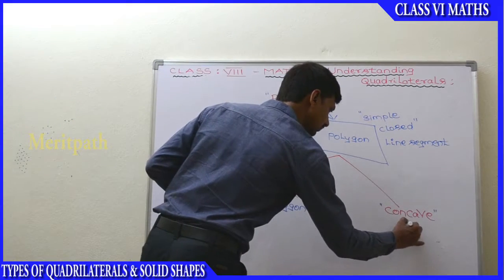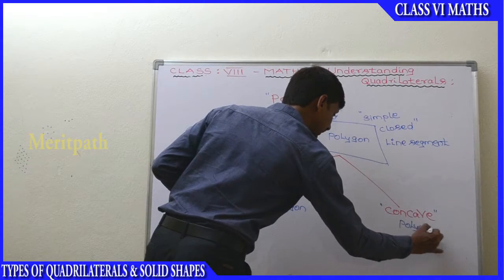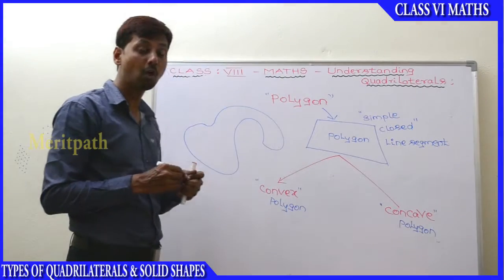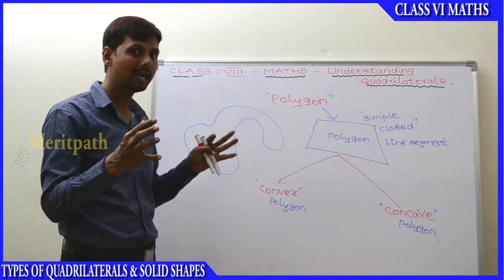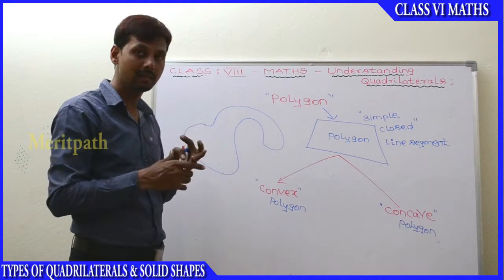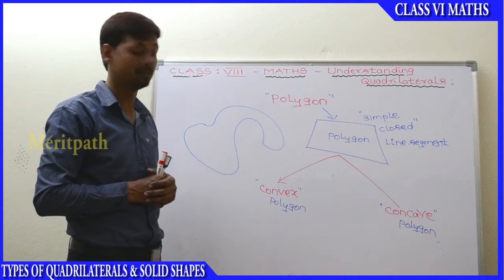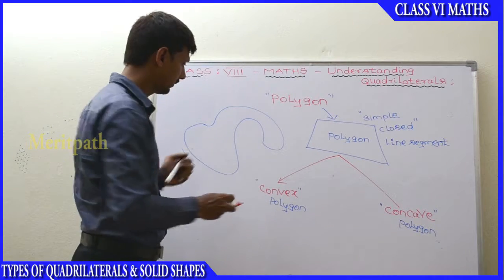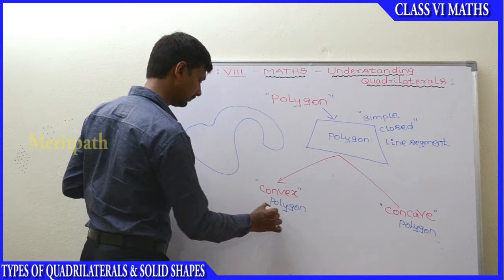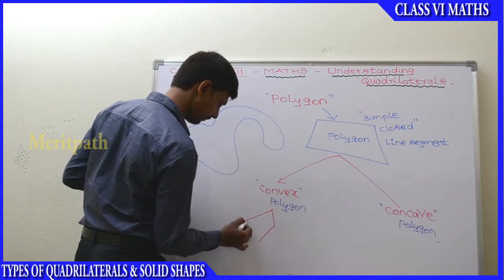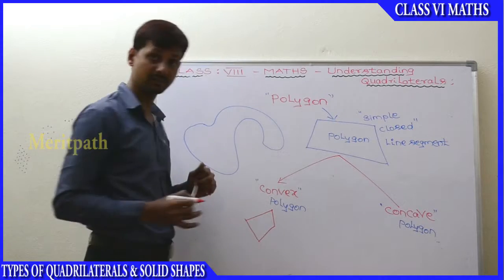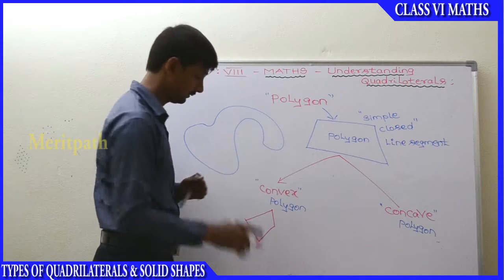Concave polygon. What we have discussed now is that we draw a figure and each of the angles is less than 180 degrees. Suppose for example we draw a simple closed figure.